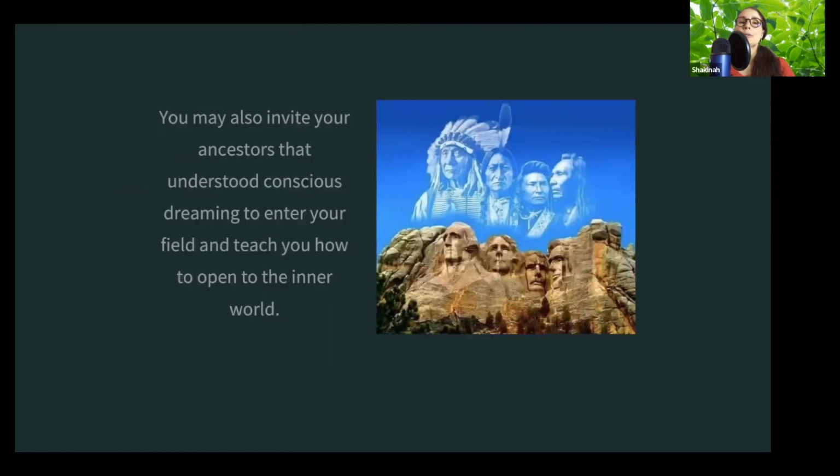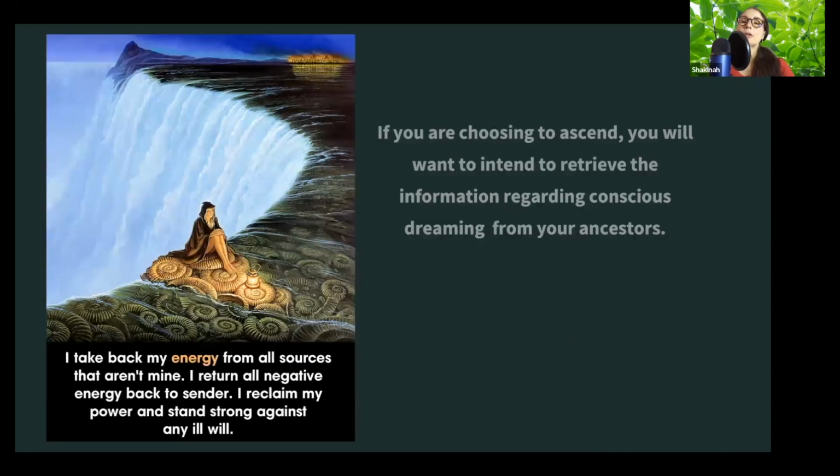You may also invite your ancestors that understood conscious dreaming to enter your field and teach you to open to the inner world. If you are choosing to ascend, you will want to intend to retrieve the information regarding conscious dreaming from your ancestors.